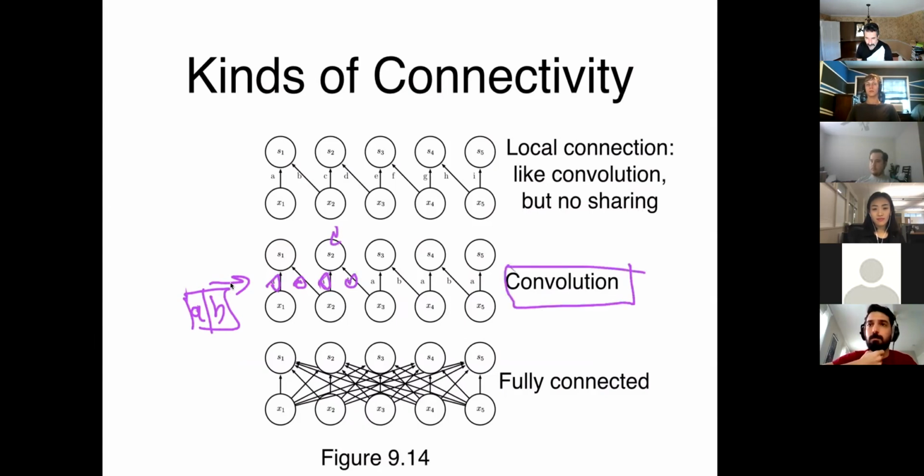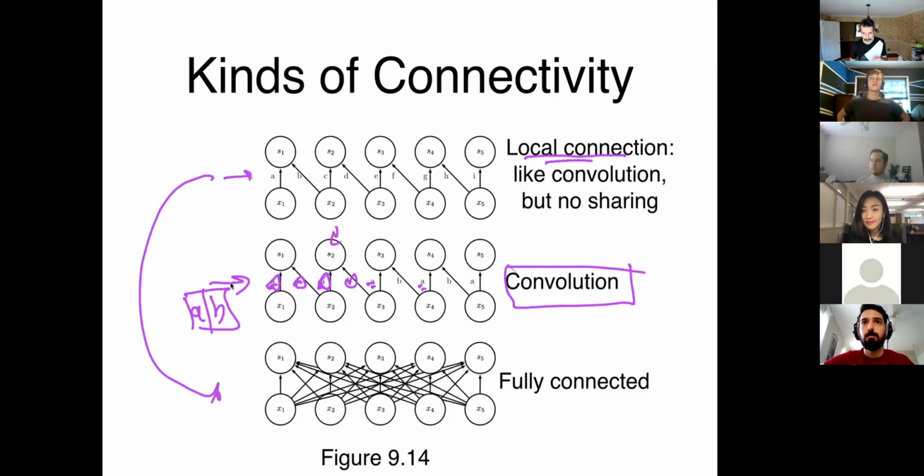But you could also have some other local connection, but this time there is no sharing going on. We discussed parameter sharing previously, that parameters are shared. So basically this A is the same as this A, same as this A, same throughout. But here, make sure that you understand the difference between this one and the fully connected layer, where everything was connected to everything else in the next layer.